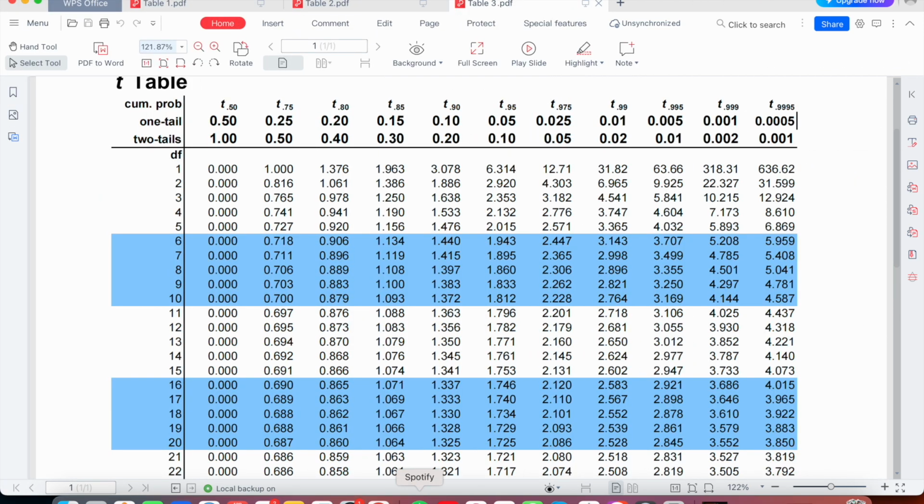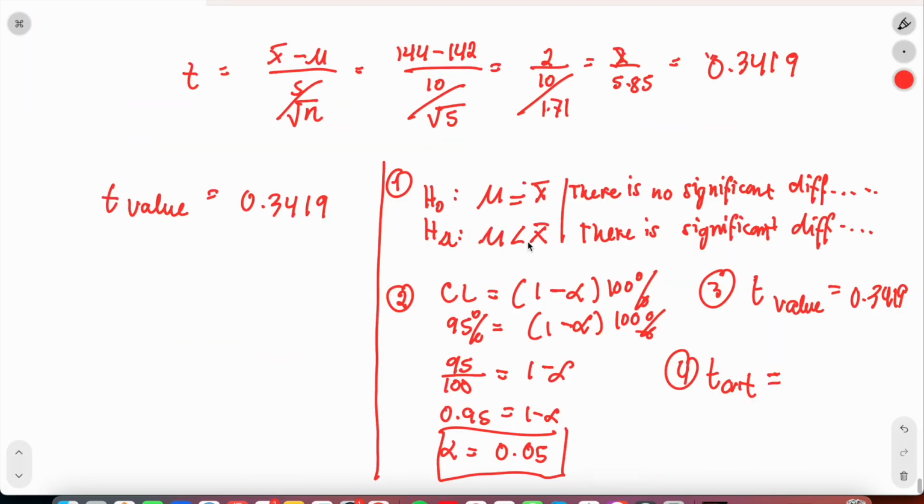Again, in this problem, it assumes that mu is less than the sample, right? We're assuming that this is true. So this is a left-tailed test.